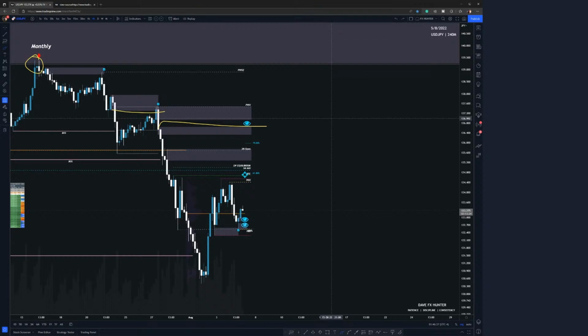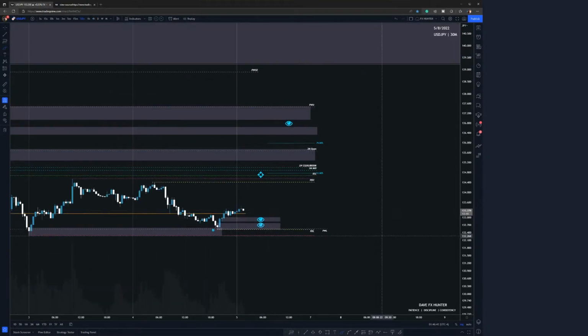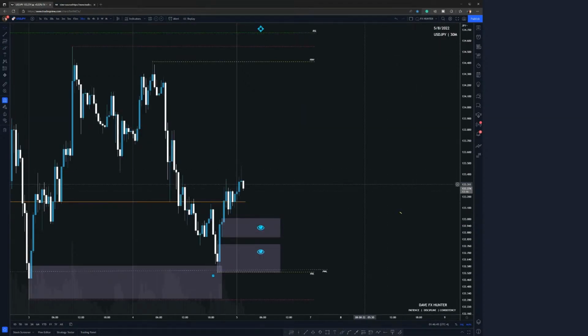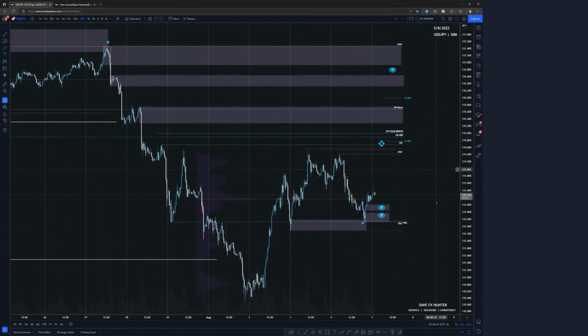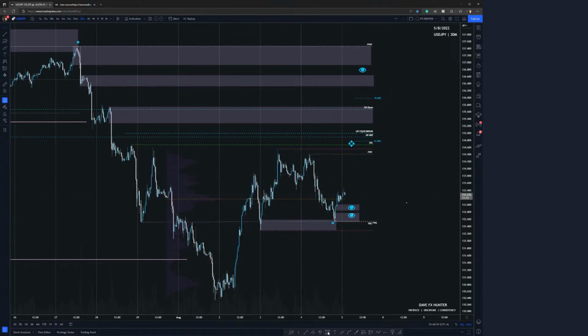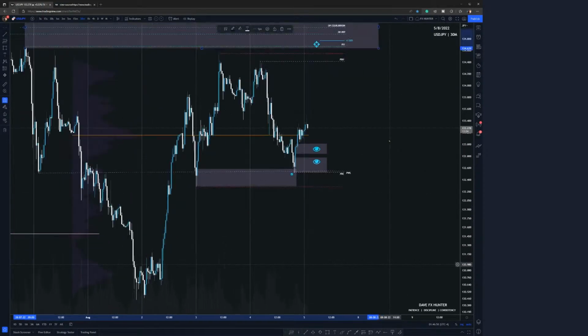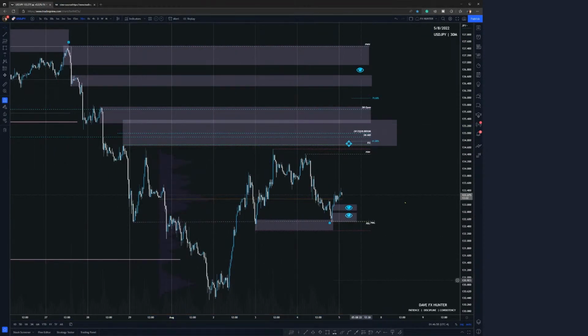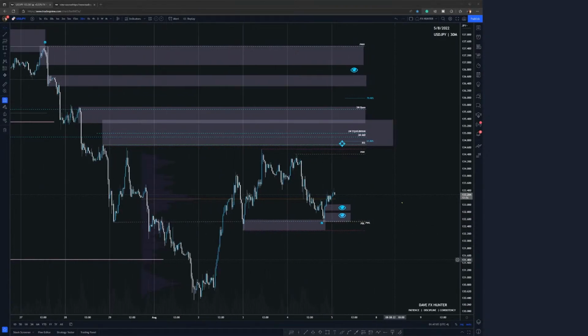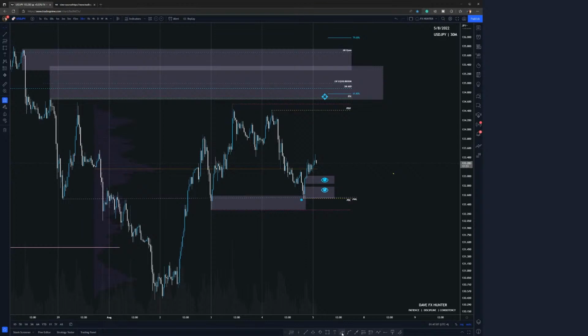So let's go to a lower time frame, and I'm thinking that here would be a lot of liquidity. So I believe that taking a long trade from here, most likely one of these two order blocks, or even preferably if this previous day low would be taken out, and then taking long up here would be definitely a greater opportunity.